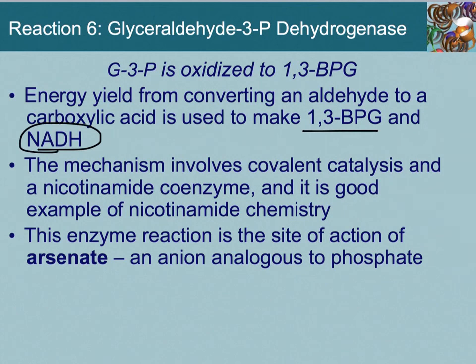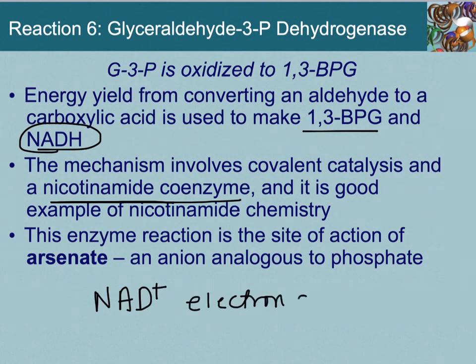The mechanism is going to involve covalent catalysis and the nicotinamide coenzyme. So we're going to look at the reaction of NAD+. If you remember, this is one of the electron carriers. We're going to make a good electron carrier in NADH.